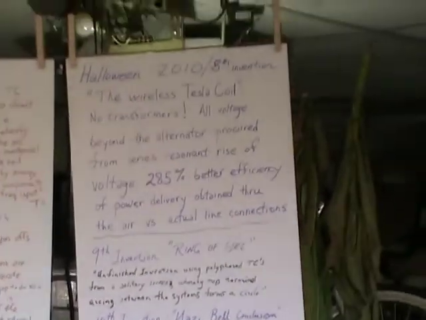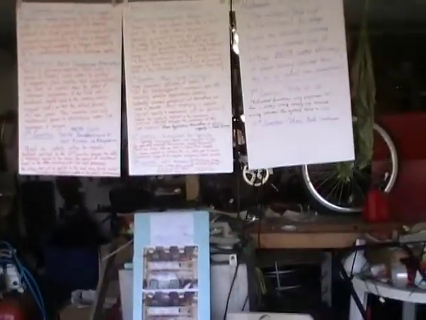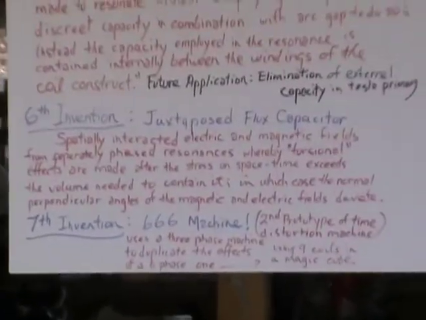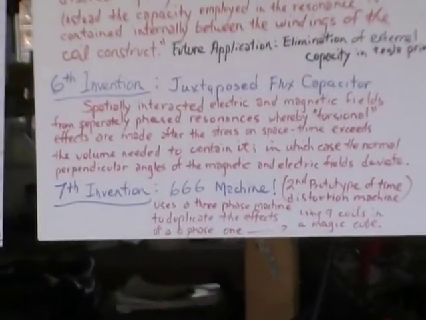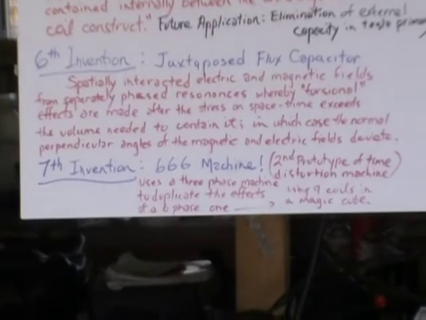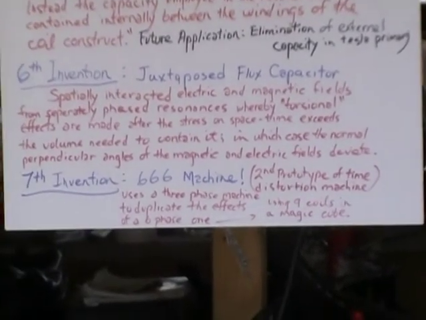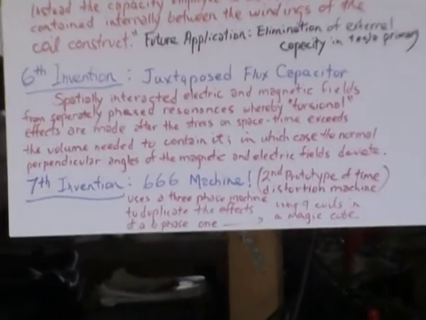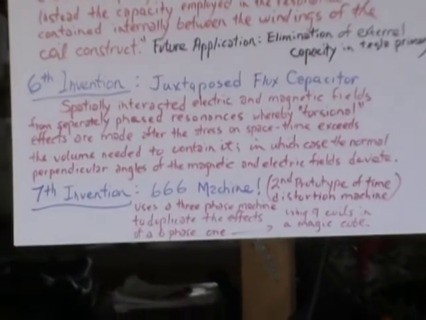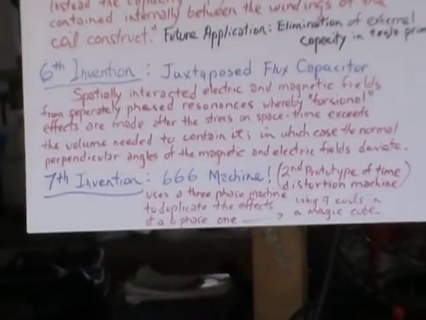Now, to demonstrate this invention, we need to briefly go back to the preceding invention, which is the 7th invention, the 666 machine. And that is the machine that distorts time, and everyone's going to argue about that. So we got to quickly get to that, because that's our power source for the wireless Tesla coil.